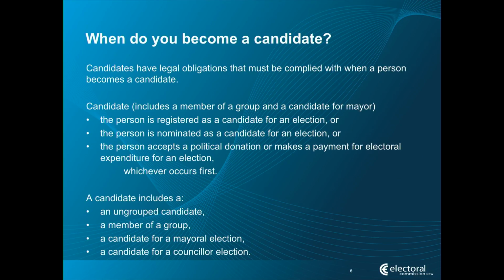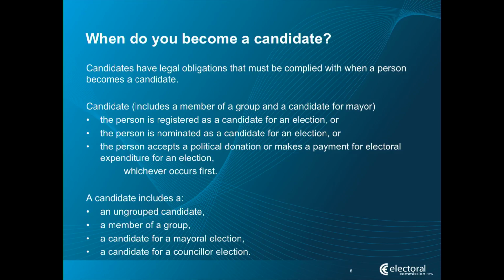When do you become a candidate? Candidates have legal obligations that must be complied with when a person becomes a candidate, so it's important that you understand when you become a candidate. A candidate includes a member of a group and a candidate for mayor and a candidate for a councillor election.